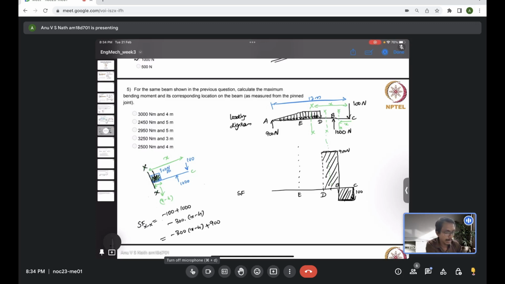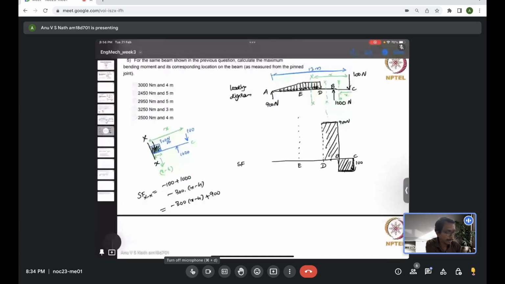But that doesn't matter now. That only matters when we evaluate the bending moment. For the resultant force, we don't need where it actually acted. So the shear force at that particular location is 900 minus 300 times X minus 4. Is that expression clear?